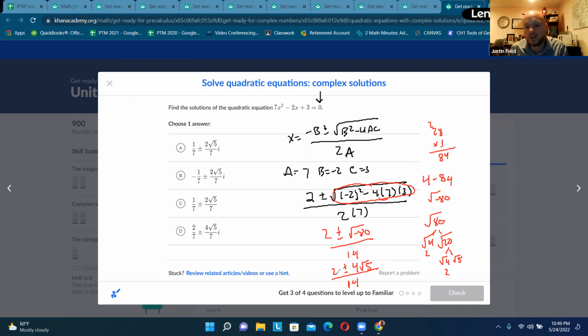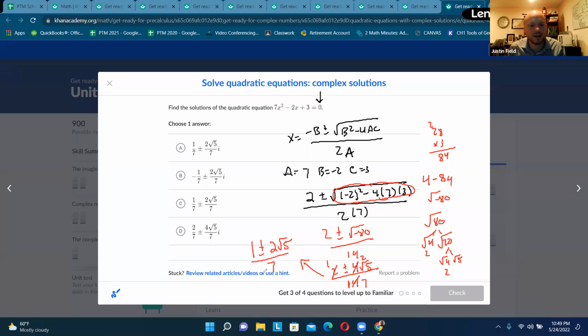But the 2, the 14, and the 4 all have a common factor of 2, so we can divide all of them by 2, giving us our final answer of 1 plus or minus 2 root 5 over 7.